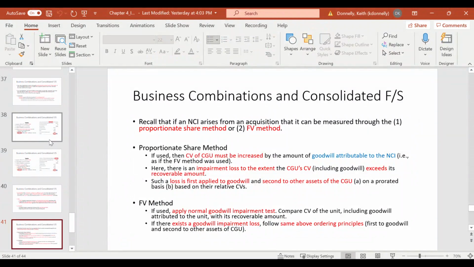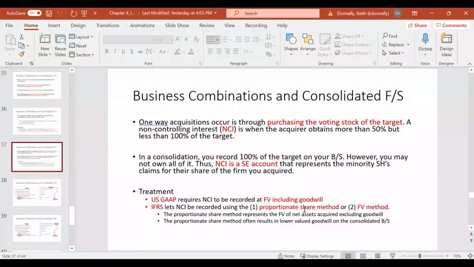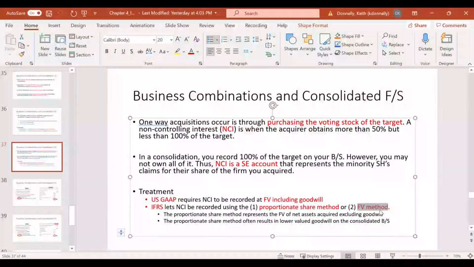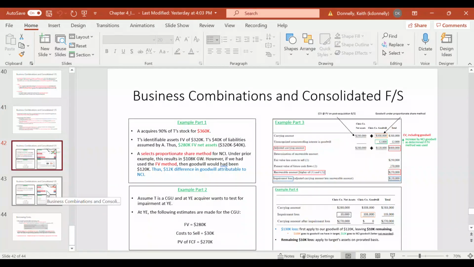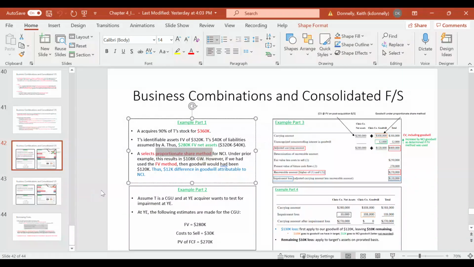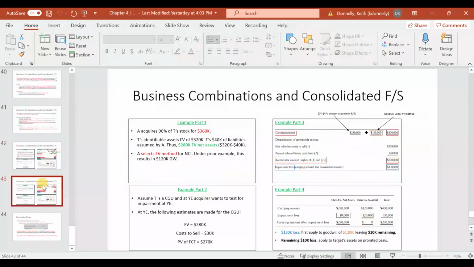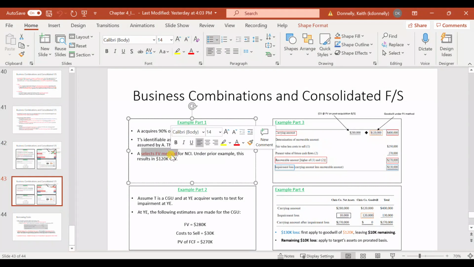In other words, which one you used here can determine and control how you would test for impairment with regard to the goodwill. So this is showing you an example with the proportionate share method, how that shakes out. This one's showing you the fair value method, how it shakes out.